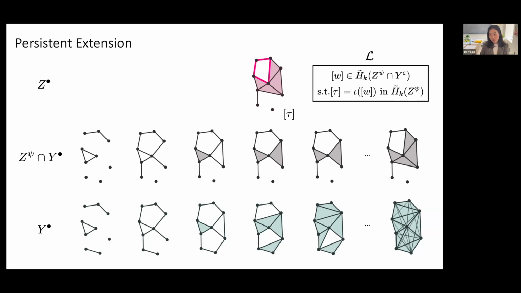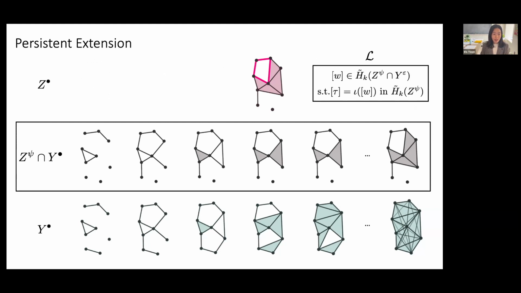So the way we addressed this challenge was we noticed that when you build your intersected complex, these are also themselves going to be nested. And so in particular, if you find the solutions to these particular linear systems of equations at a particular parameter, those are going to continue to be valid solutions at later parameters as well.